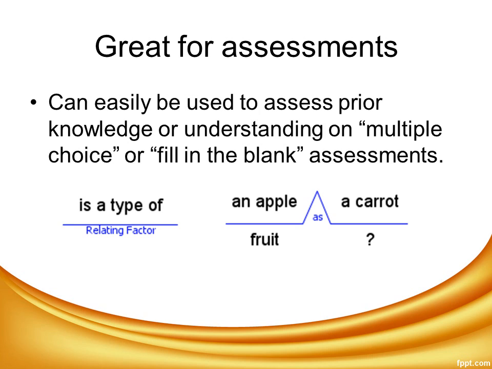You can use this in multiple choice, you can use this in fill in the blank, but it shows that the students are able to catch on to analogies, able to catch on to similarities between pairs. If they're able to catch on to these similarities in pairs, it will show that they have a higher level of learning, and they're able to show relationships between relatable objects or relatable nouns.